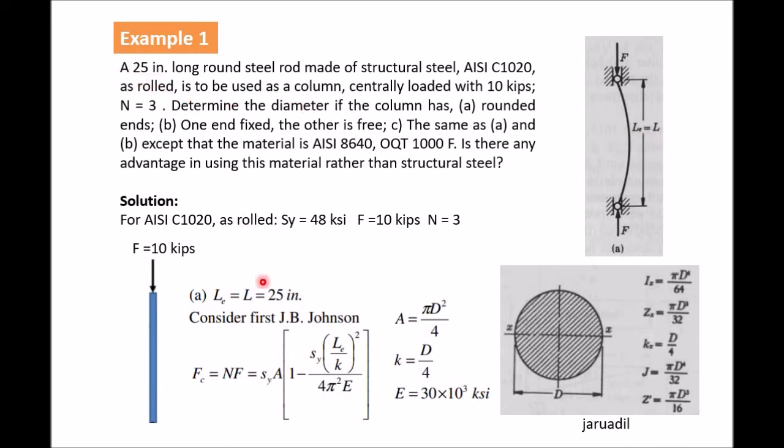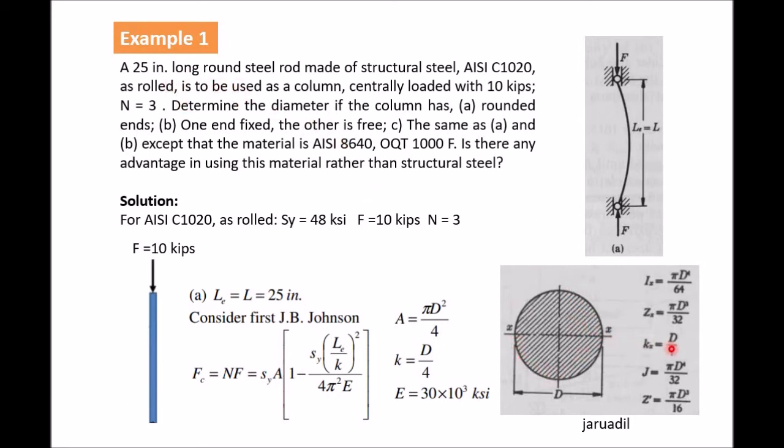25 inches. So the Johnson formula is F_C equal to N F, with S_Y A, L over K squared, S_Y over 4 pi squared E. Knowing that A is equal to pi D squared over 4, because it is a circular cross-section, given in the problem as a long round steel.